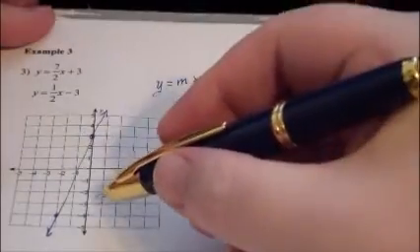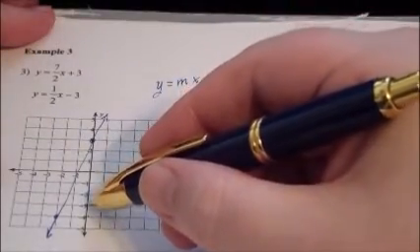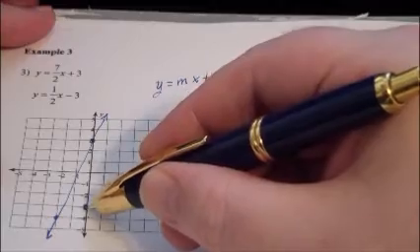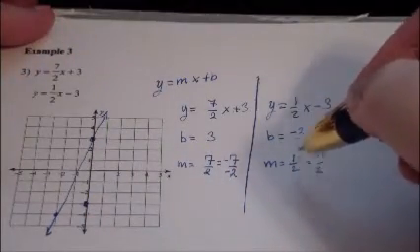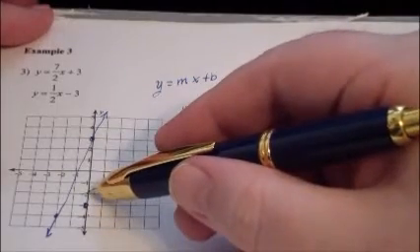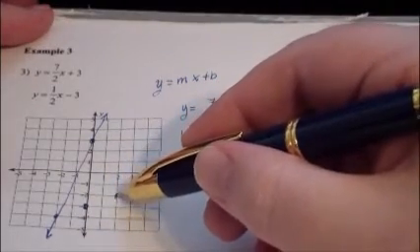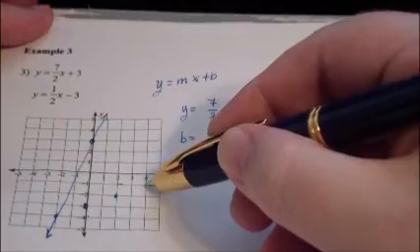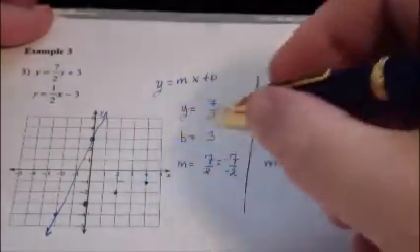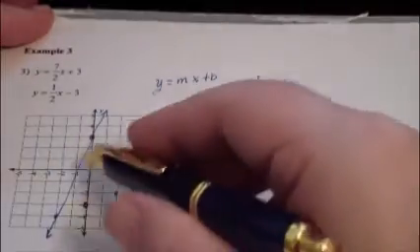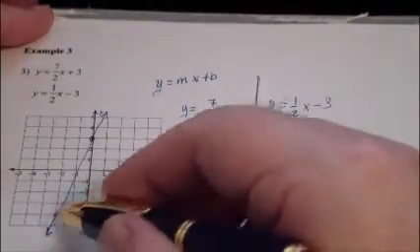So let's come on over here. -3, that's our starting point. Put a little dot there. M, 1/2. Up 1 over 2. Up 1. Oh, okay, well, we stop there. Now, realize I want to find where this line will cross that line.